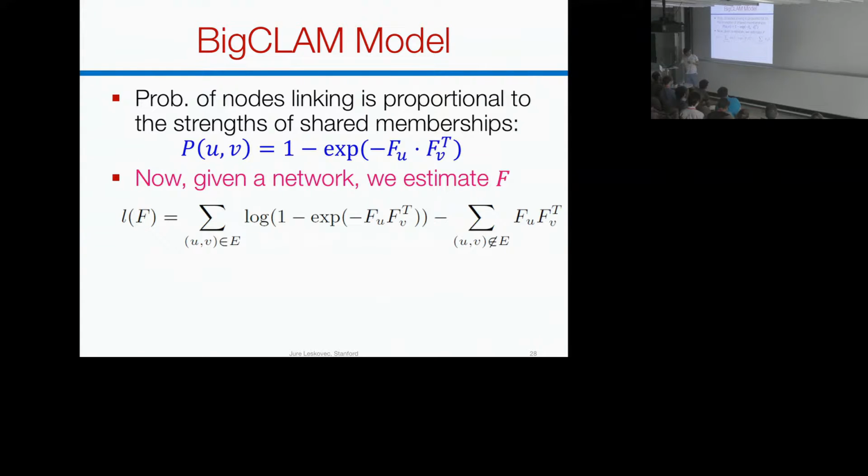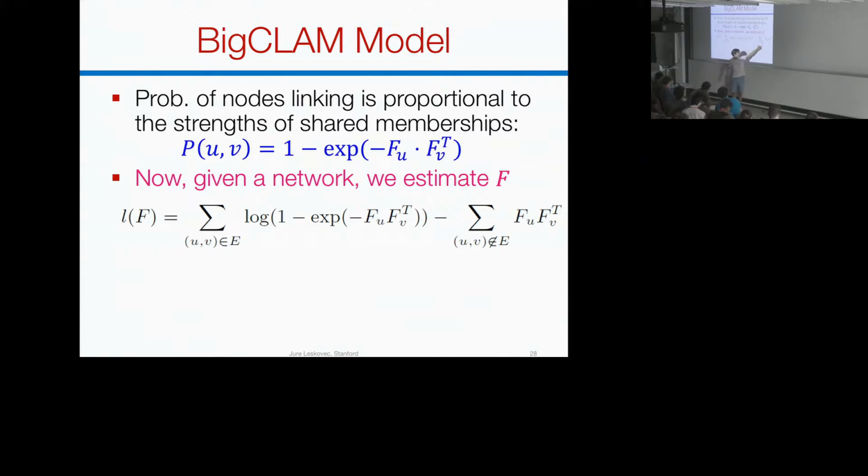So here's the idea. Here is how I write out the log likelihood, as we had it before. The log likelihood of seeing the graph given the node community memberships F is the following. Again, I go over all the edges of the network, and here's the log probability of seeing the edge. This is just the blue thing above.